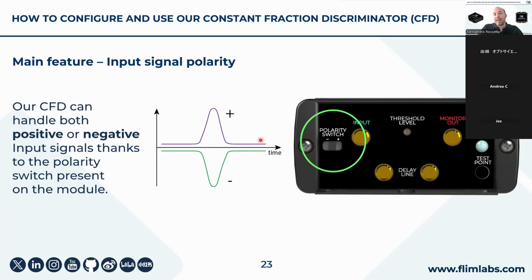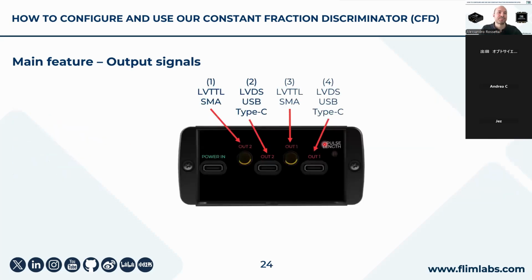On the other hand, if we are dealing with a positive signal, for example coming from a photodiode or from a laser sync signal, we can put the switch in the other direction and deal with a positive polarity signal.